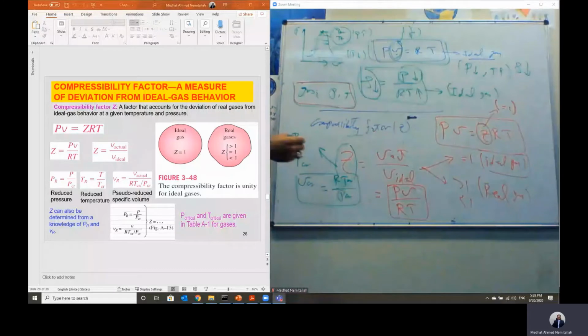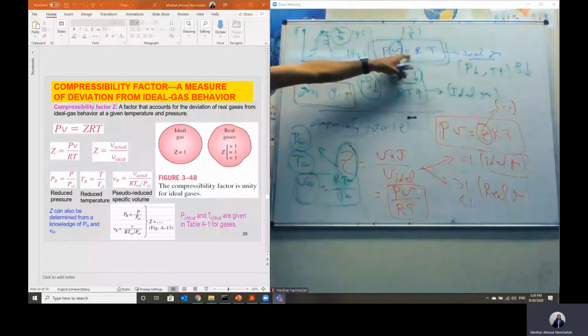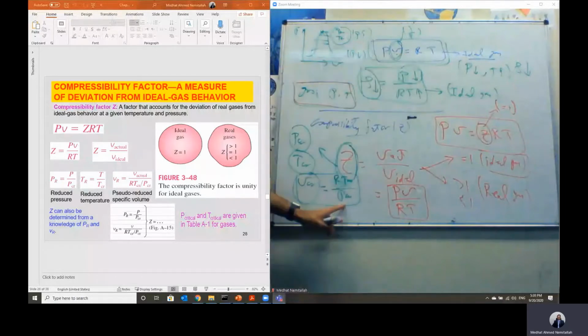So this parameter compressibility factor Z should be function of the critical condition: the critical pressure of this substance, critical temperature, and the critical specific volume, which, based on the ideal gas equation of state, will equal RT critical divided by P critical.